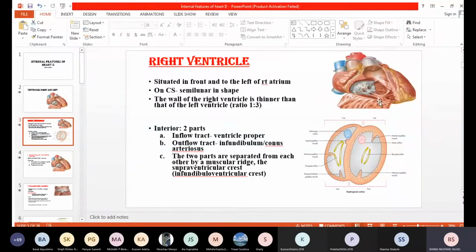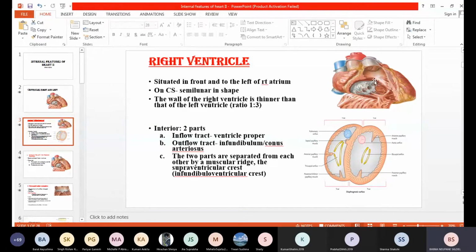And these two parts are separated by one area. Like in the right atrium we have seen the crista terminalis, the two parts are separated from each other by a muscular ridge again. That is the partition made by the supraventricular crest, also known as the infundibuloventricular crest, between the infundibulum and the ventricular proper.